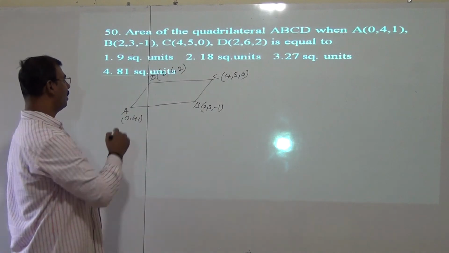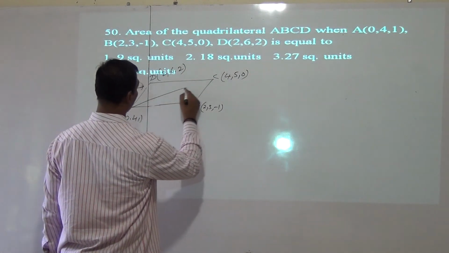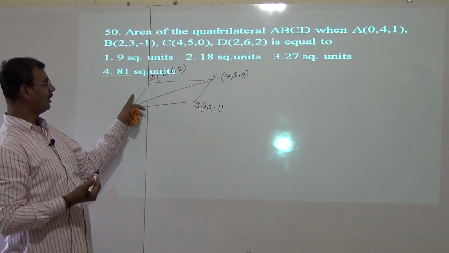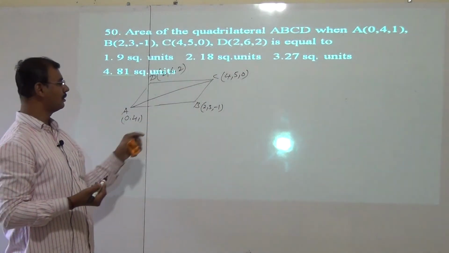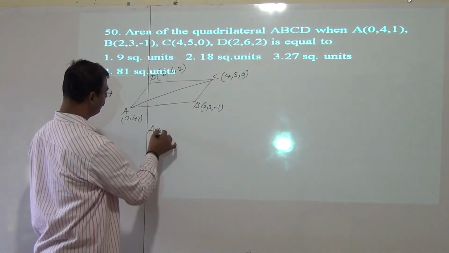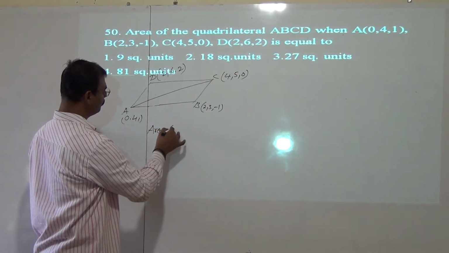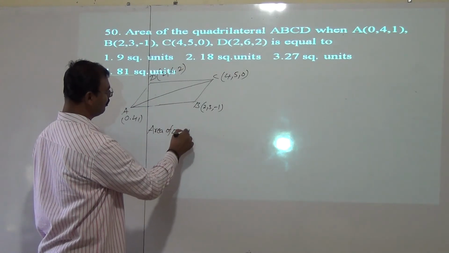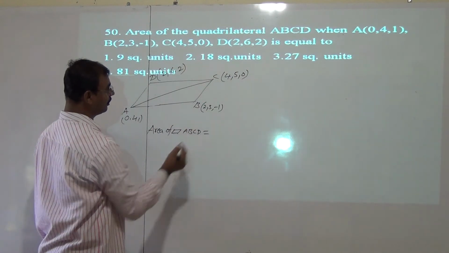The total area, how to find it out? I take one bisector, that is the diagonal. So this whole total area we want: area of quadrilateral ABCD. Tell me what is the formula, how to calculate?